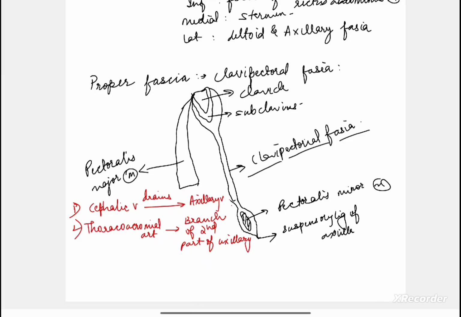The third is the lateral pectoral nerve, which is from the lateral cord of the brachial plexus. And also some lymphatics pierce this fascia.